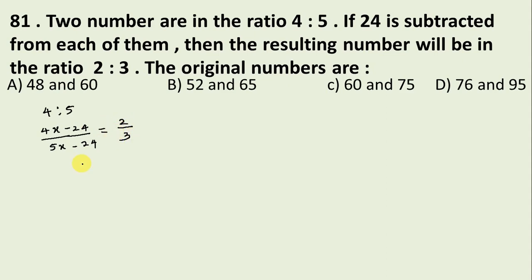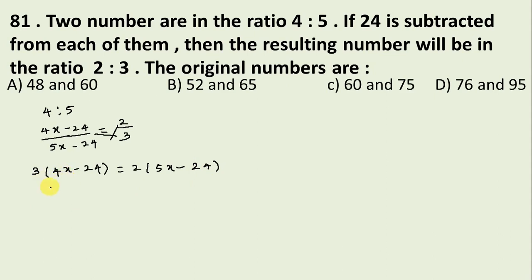This is the main part of the question. Now we will solve it by cross multiplication: 3 into this one, 2 into this one. So write 3 times (4x minus 24) is equal to 2 times (5x minus 24).